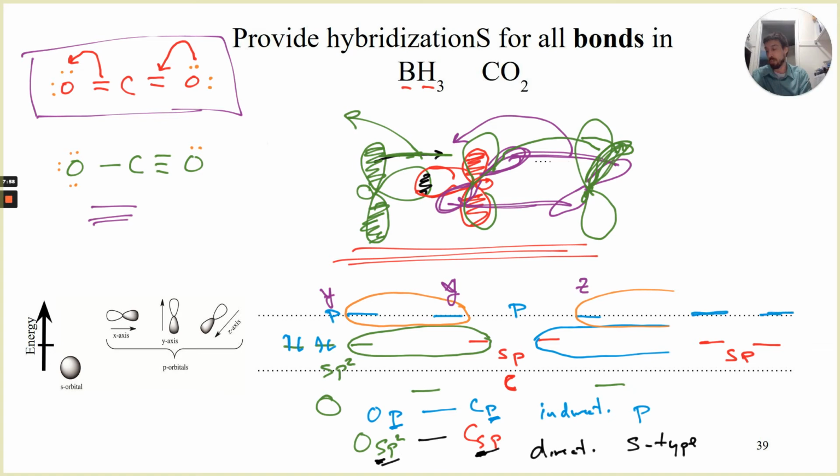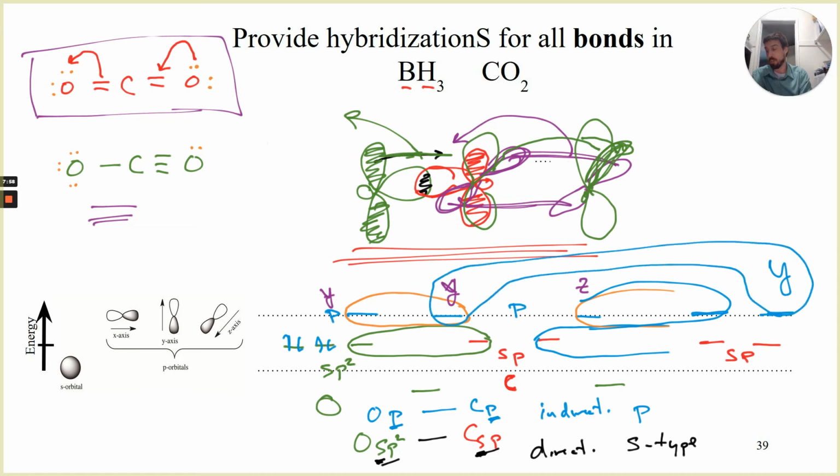One might be that pz, great, it overlaps. We had that before. That remaining one is the y. That orbital can overlap with the other one, but it can't overlap simultaneously, which means when it overlaps, it breaks the connection to our other oxygen and we lose the double bond out the other end.